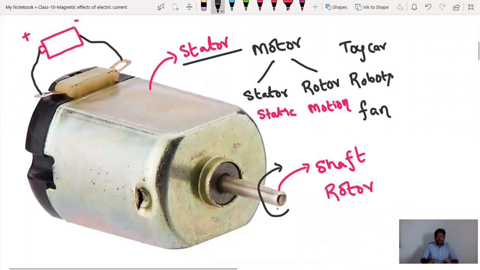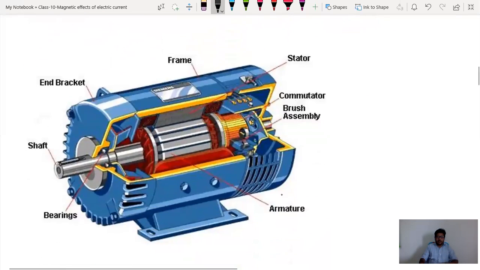So from this what we get is that a motor has two parts: the stator, which is the static part, and the rotor, the part which is in motion. Then this is just a diagram where the internal parts of the motor can be observed.